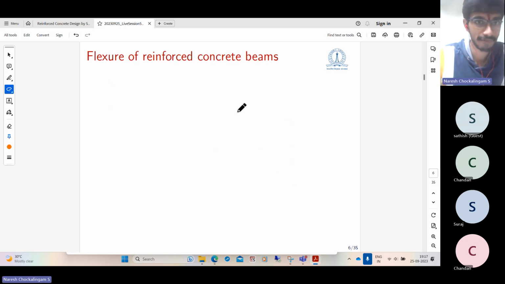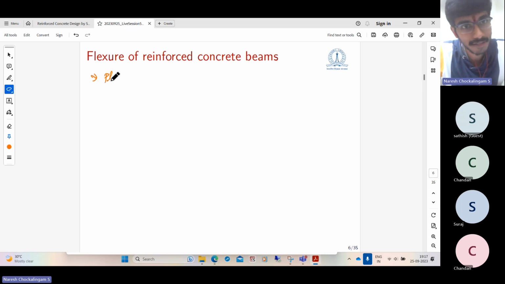Next, let us look at the flexural response of reinforced concrete beams. There are various assumptions involved in analyzing a cross section of a reinforced concrete beam subjected to bending. What are they? As usual, beam theory holds.